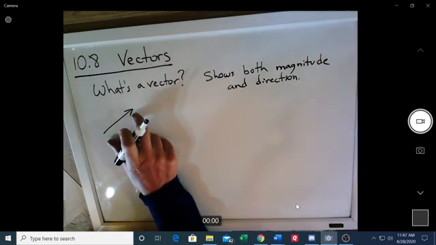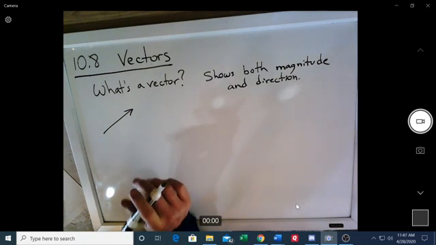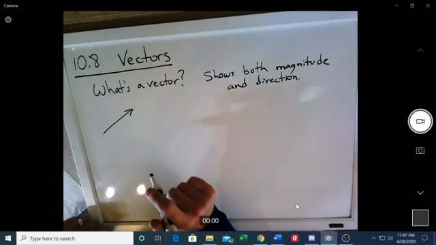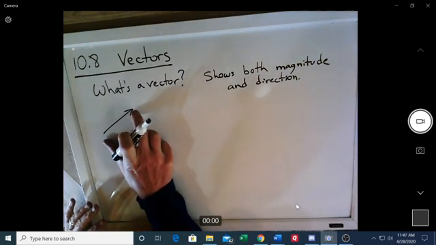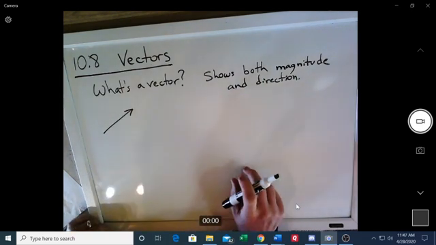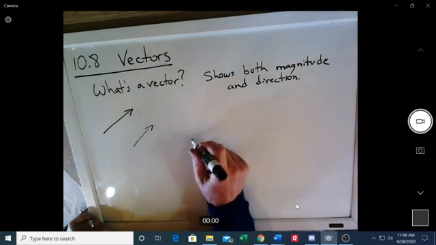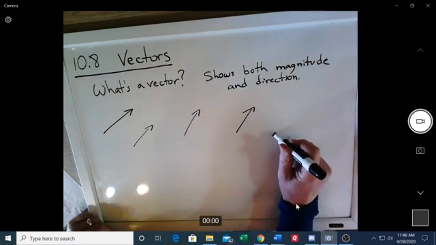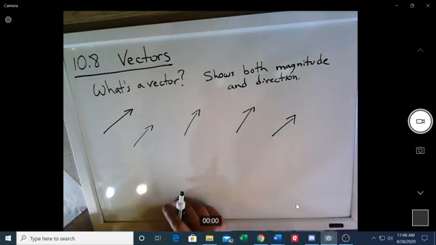It looks like an arrow, but the thing that's important about it is how long the vector is and the angle at which it's cocked. Now, we can move this vector all around and we call it the same vector. This vector is the same as this vector. It's the same as this vector. As long as it's the same length and going in the same direction. Now, if I was better at keeping it in the same direction, you'd be able to see that.